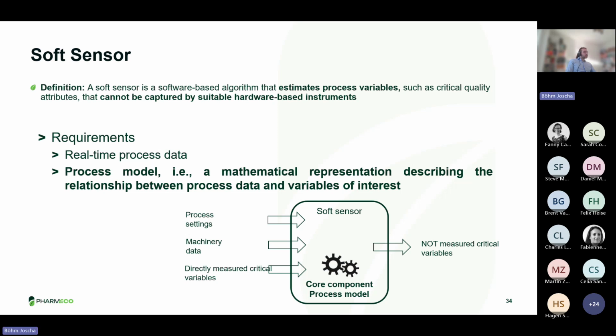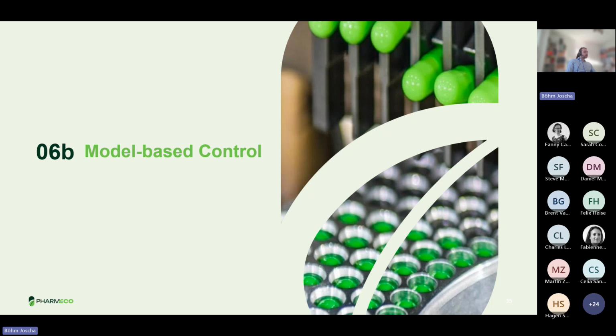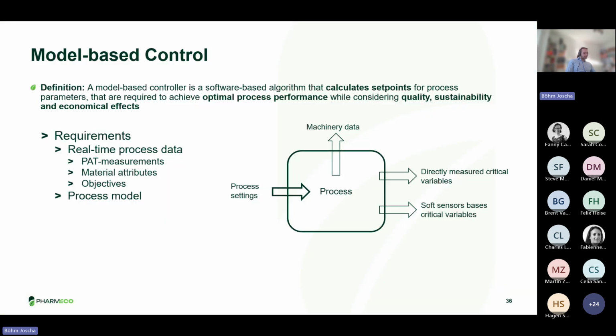Coming from this application, where we get a better picture and a better insight of the process, to the application of model-based control, where we now want to use the information to make something out of that. Starting again with a definition of the model-based controller: this is in the end a software-based algorithm that calculates the set points for the process parameters that are required to achieve optimal process performance, while considering aspects such as quality, sustainability, but also economic effects.